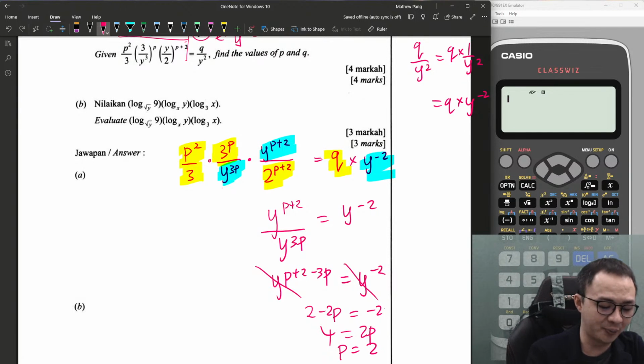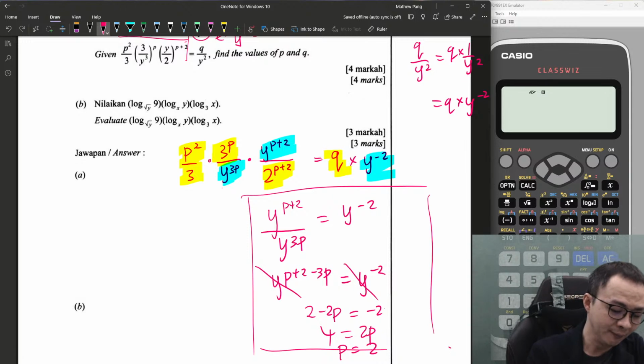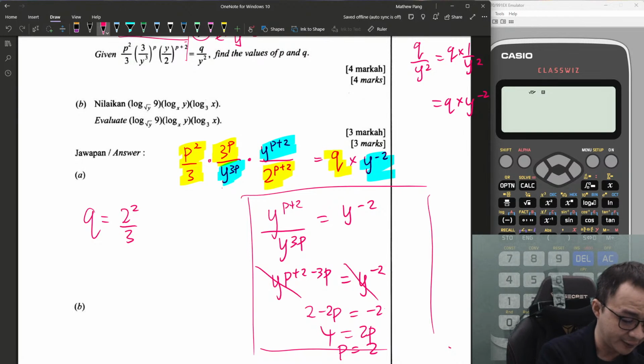Then it's not too bad to solve my Q. My Q is basically all the yellow color ones. P square, where P is 2, so it's 2 square over 3 multiply 3 power of 2 divided by 2 power of 2 plus 2, which is 4. Then I can cancel the square here and cancel the 3 here.